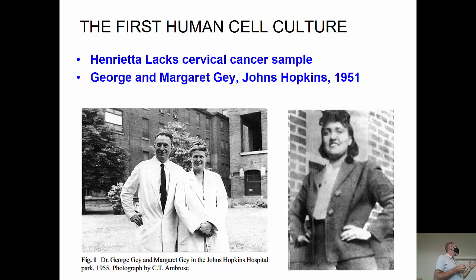And Henrietta Lacks sadly died of the cancer. And years later, her family found out that these cells, their mother's cells or their family members' cells, had been growing all this time. Okay? And that they were, in fact, one of the largest and most commonly used cell lines. And these were called HeLa cells.